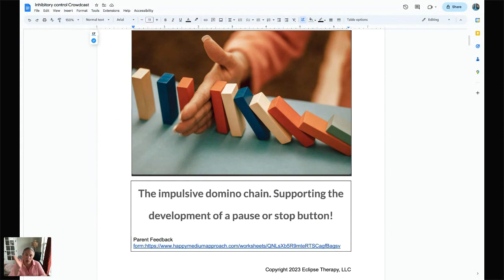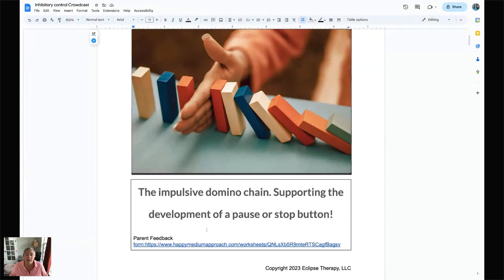How do we pause that domino chain before the whole thing of dominoes is gone? I know I've certainly set up a lot of dominoes in my day, and man, it's so frustrating when you hit one and the whole thing goes bam. And I feel like when we're talking about impulsive behavior, that is so hard because it happens all the time. You're like, man, I'm just not quite there, right? I'm not quite on it.